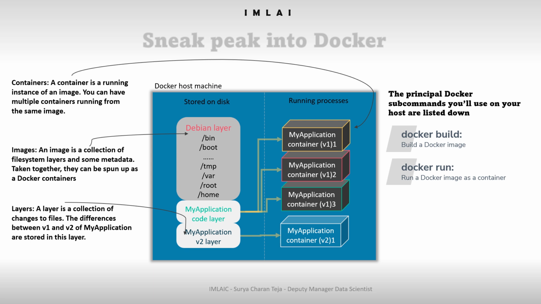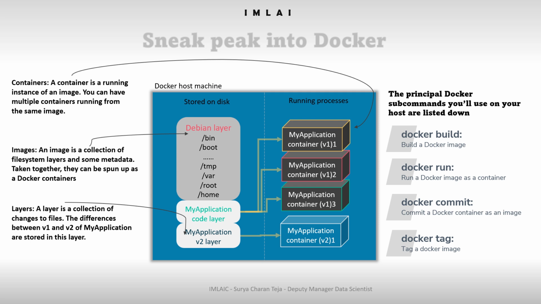Docker run, to run a docker image as a container, or the better way to say it, to run the services or processes or commands which are defined by the image. That's the correct way of putting docker run. Then docker commit, to commit a docker container as an image, and finally docker tag, to tag a docker image, to give a name to the docker image.